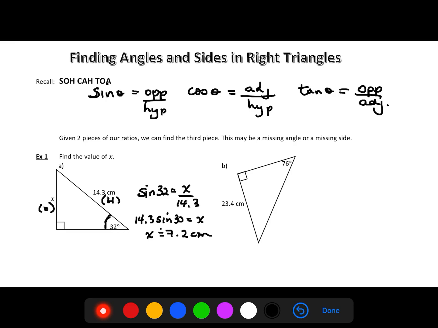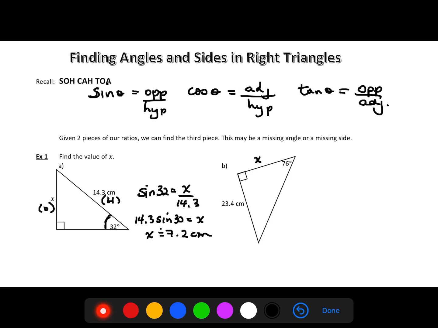We know that we've set it up right. We have sine, opposite over hypotenuse, and we've rearranged appropriately. Remember that rounding to one decimal place for sides is our general formatting, so we're going to round to one decimal place each time.